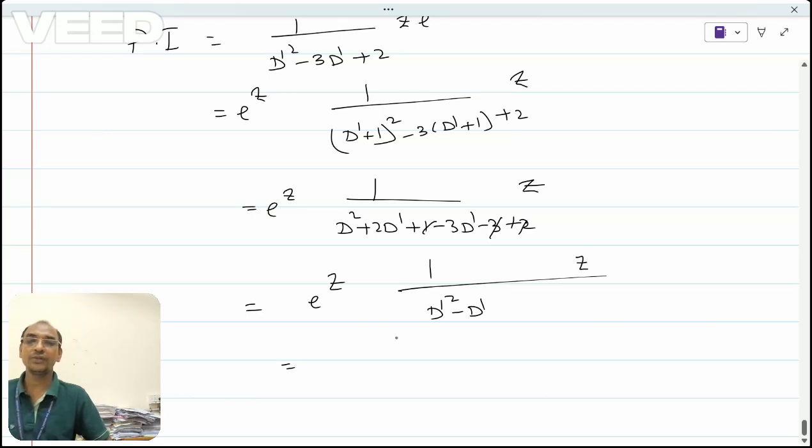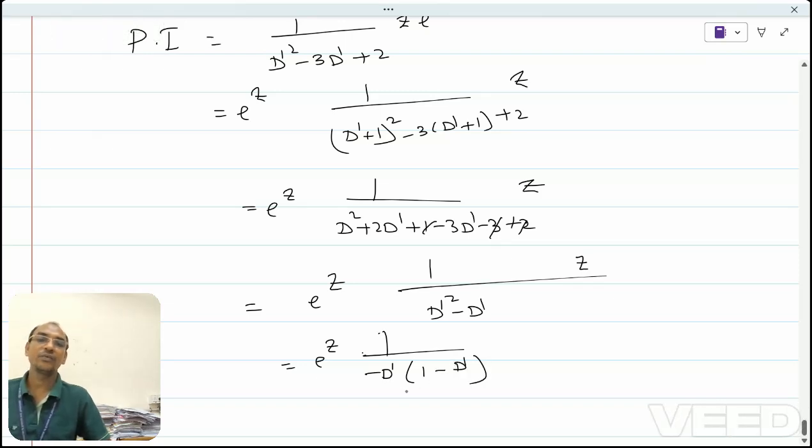Now what I will do here is I will take out e^z, and I will write it as D' taken out. So I will have 1 minus D', and so I can write it as minus e^z into 1 by D' and (1 - D')^(-1) z.